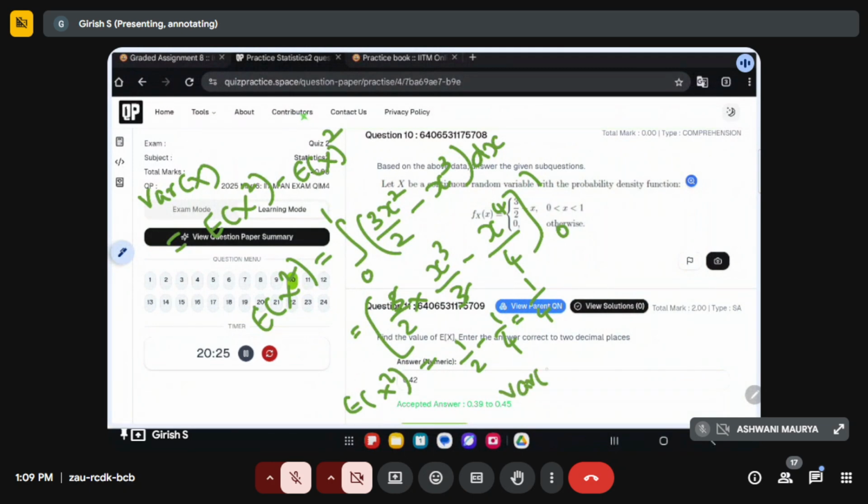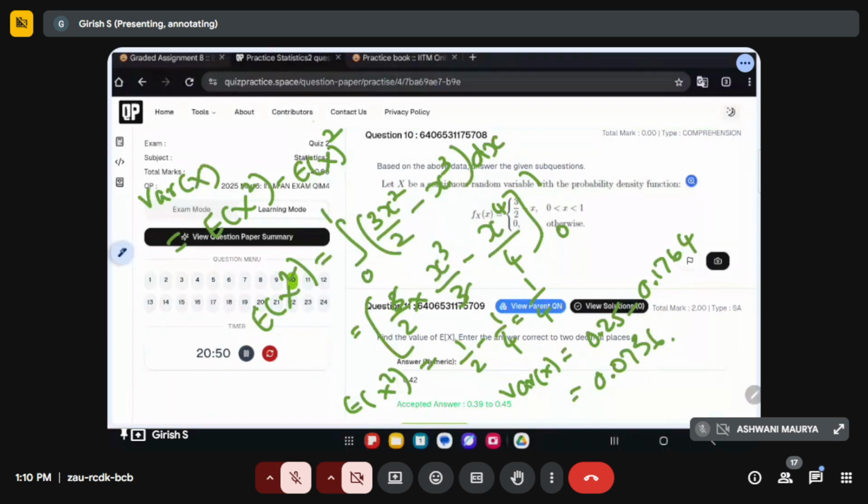Variance of x is equal to expectation of x square, which is 0.25, minus the square of 0.42 from the previous question, which is 0.1764. Subtracting this from 0.25, this will give you a value somewhere around 0.0736.